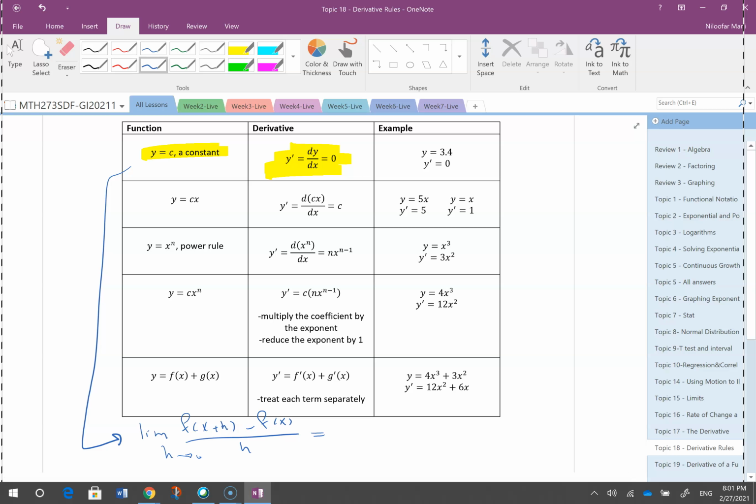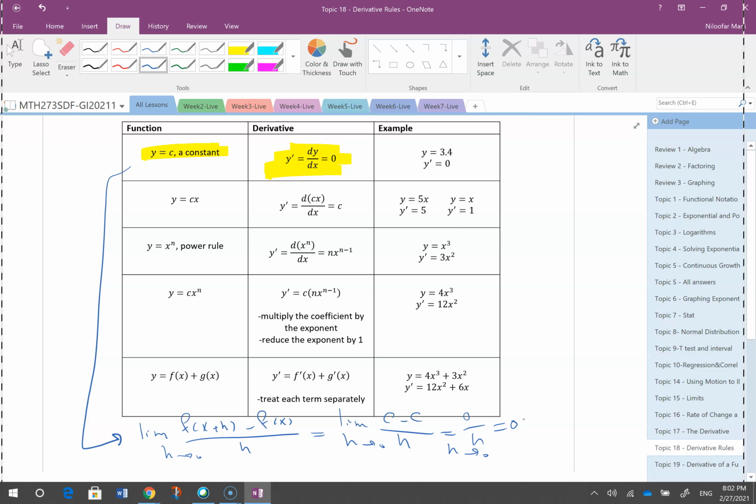When I have a constant function, whatever x I use, the result is the same. So it is c minus c divided by h as h goes to 0. So I have exactly 0 over h, where h approaches 0 and we know h is not 0. So it's 0 over a very small number, but still the answer is 0.